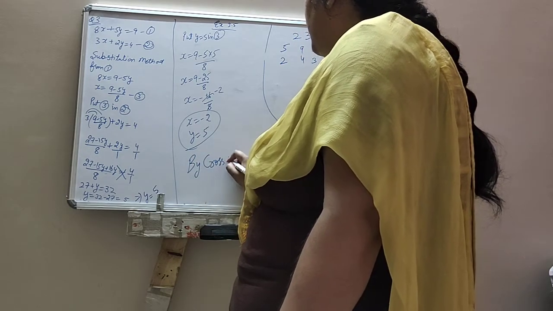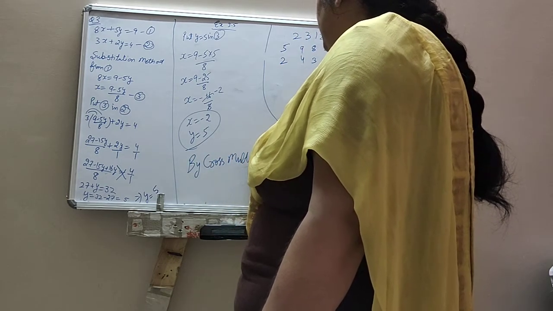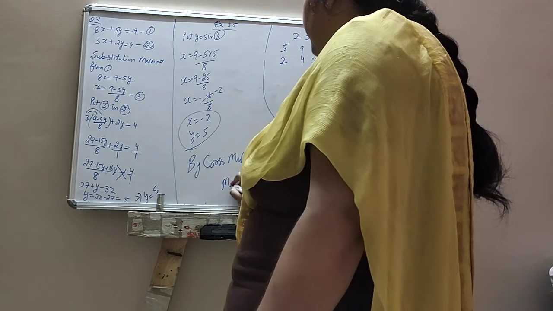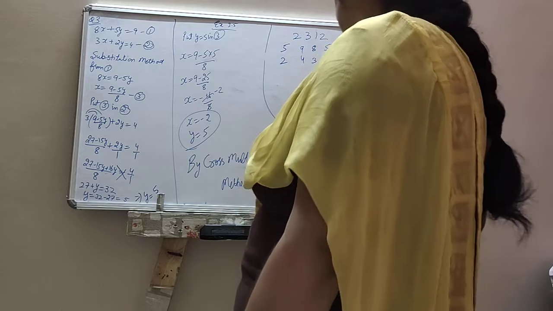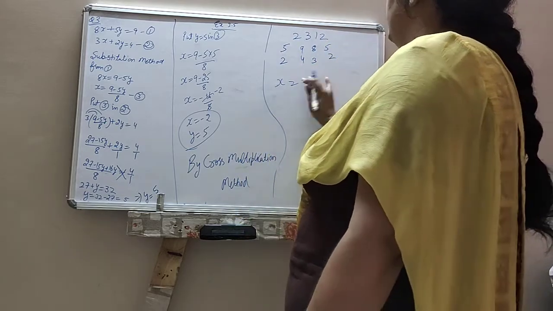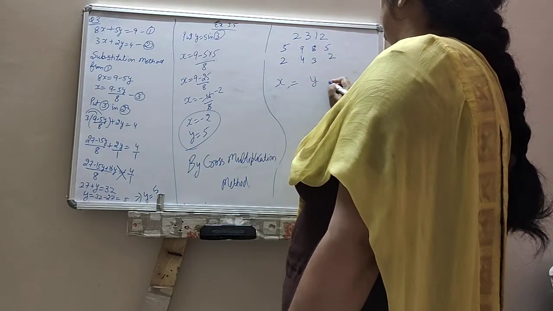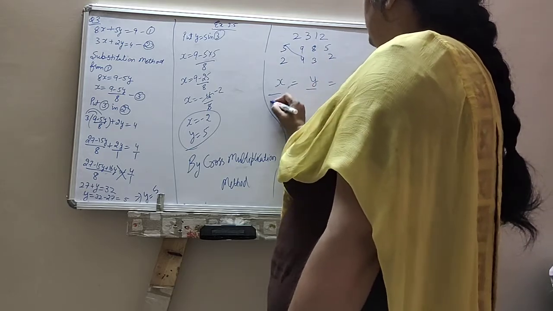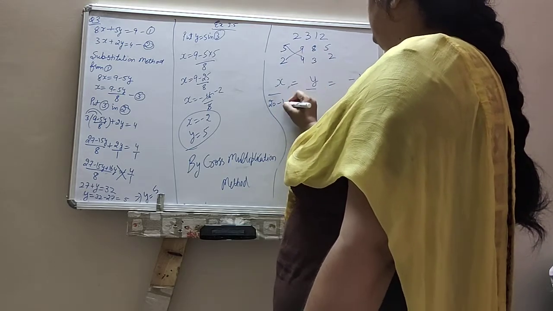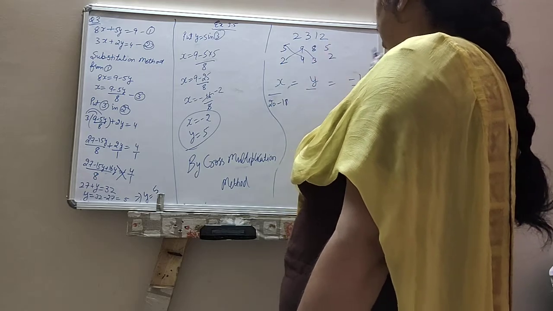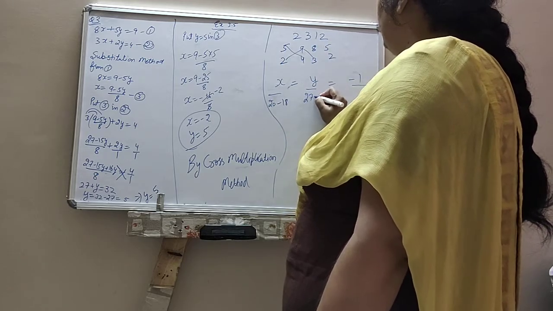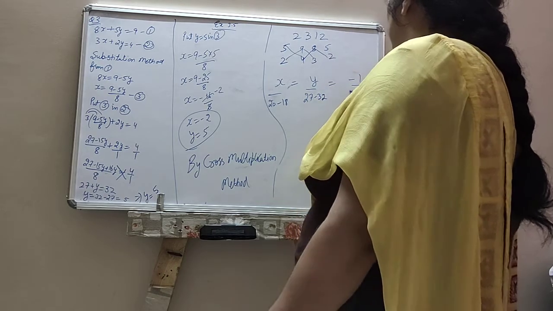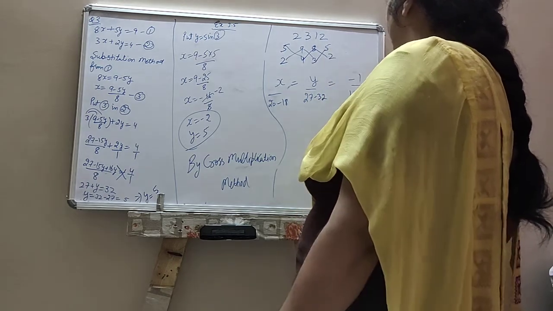By cross multiplication method, x equals y is equal to minus 1. Here 5 4s are 20 minus 18. 9 3s are 27 minus 32. 8 2s are 16 minus 15.